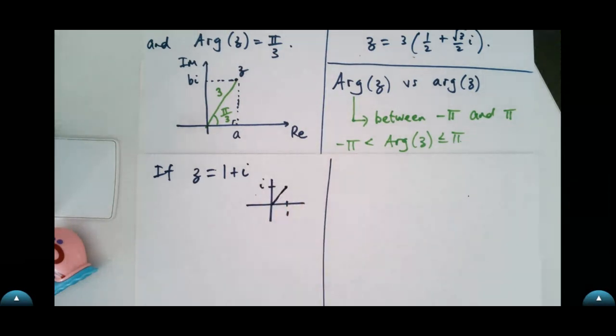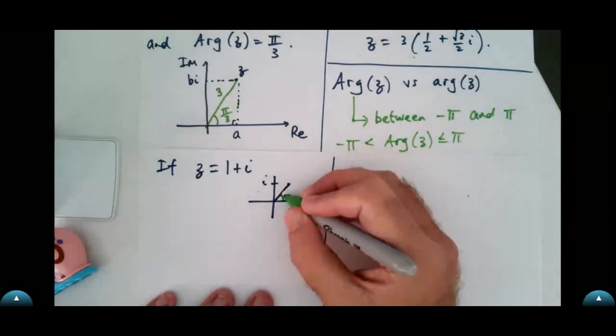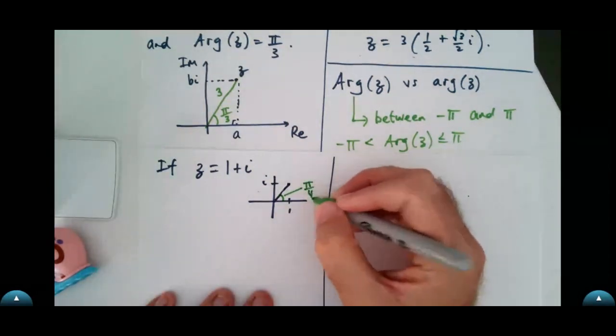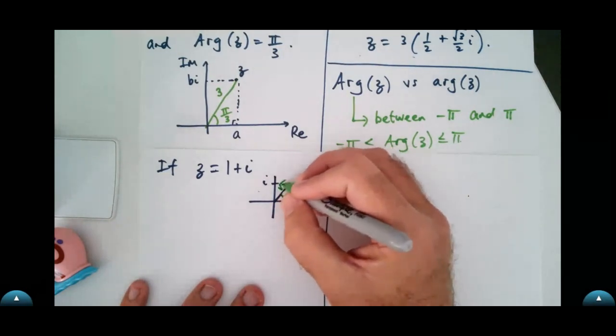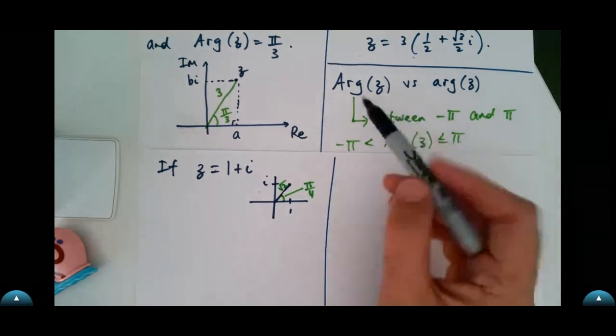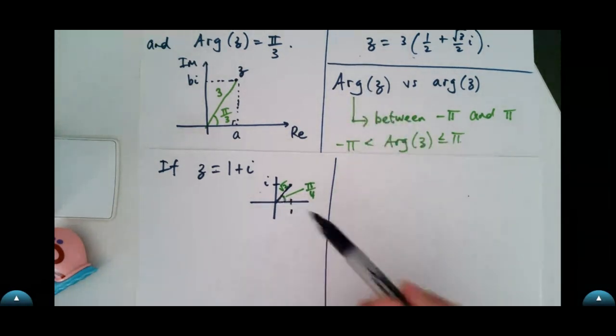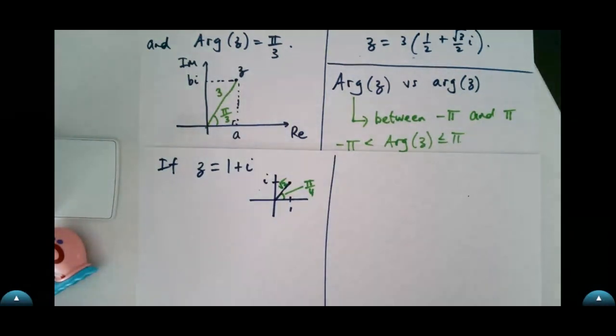Okay, and the angle is going to be pi on 4, and the length is going to be something like root 2. So when we calculate the principal argument of something, we always want something between negative pi and pi.